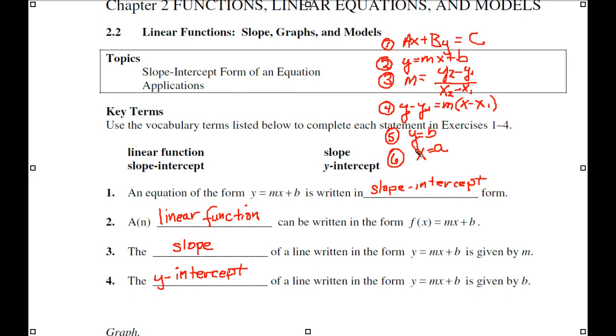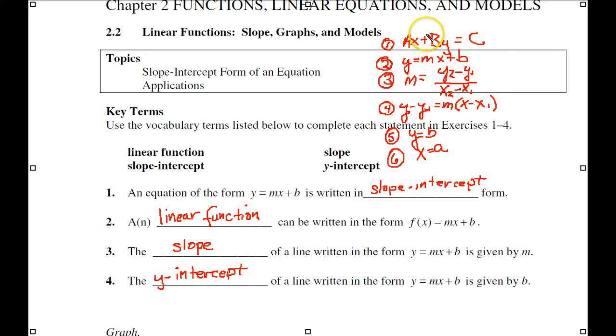Before we continue, I'd like to bring your attention to these equations that I have up here that I'm calling equations 1 through 6. And I would strongly suggest that on an index card you write these down.